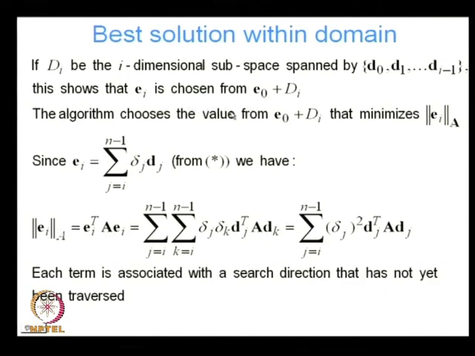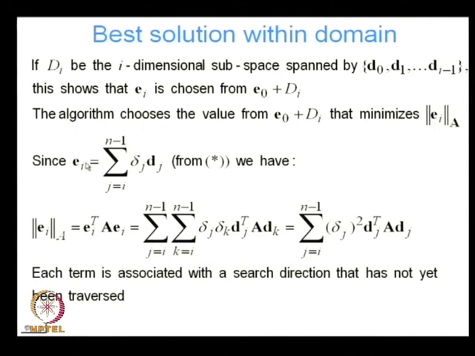Now, the algorithm chooses the value from e_0 plus D_i that minimizes the norm of the error e_i, and when I say norm, I define norm with respect to the A metric, right. So, we can show that.